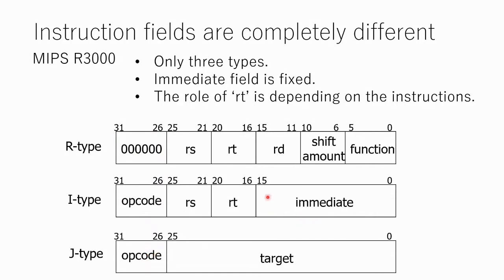It uses a 16-bit immediate field here, and the position of registers is fixed. But the role of each field depends on the instruction. That is, RT can be used both as a destination register and a source register.